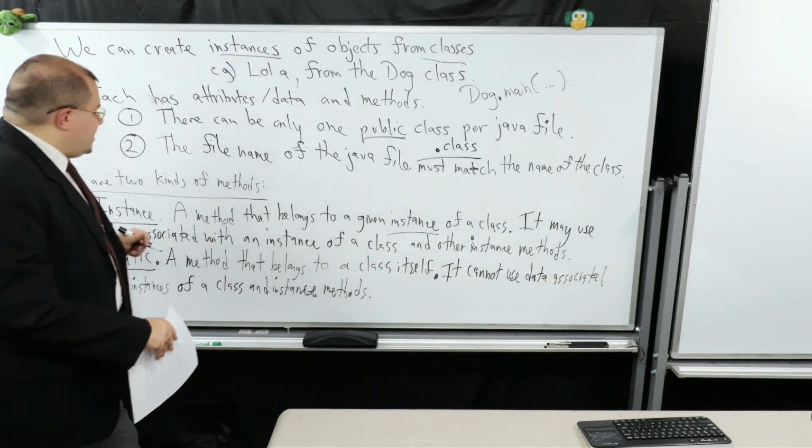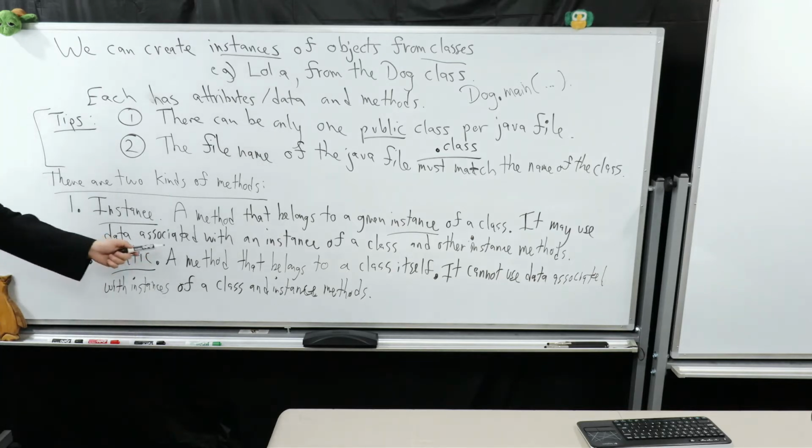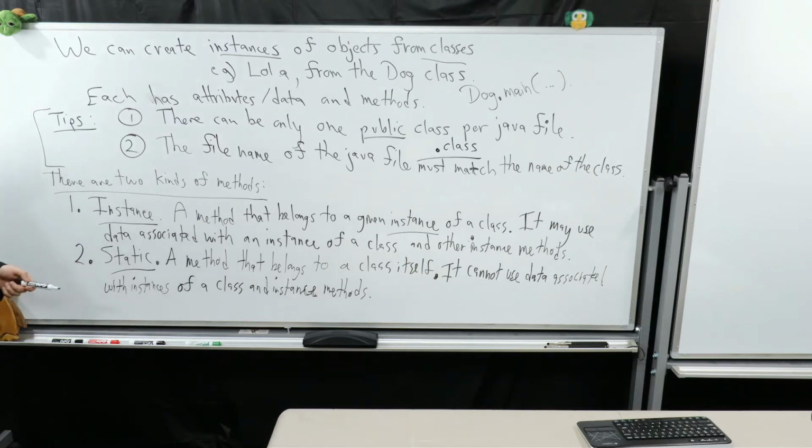If this sounds a little confusing at first, don't worry. We're not going to look so much at this yet. The main thing I want you to be aware of is that we're going to write code in methods, these kind of operations.